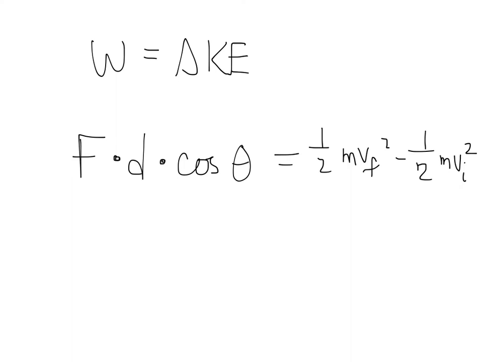At this point, it depends on the problem. If you're told that the force that's slowing this object down is from friction, replace F with mu Fn. Maybe it's the friction between two objects that's slowing it down, so that the final velocity is less than the initial. So you would have to replace F, if it was friction, with mu Fn.